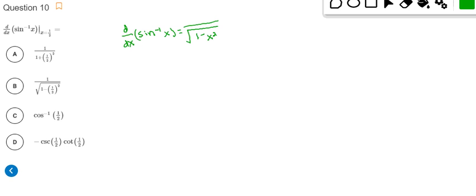And all we're doing here is substituting 1/2 in for x. I don't know why I'm going so slanted here. 1 minus 1/2 squared, that, and there. So we're looking at B.